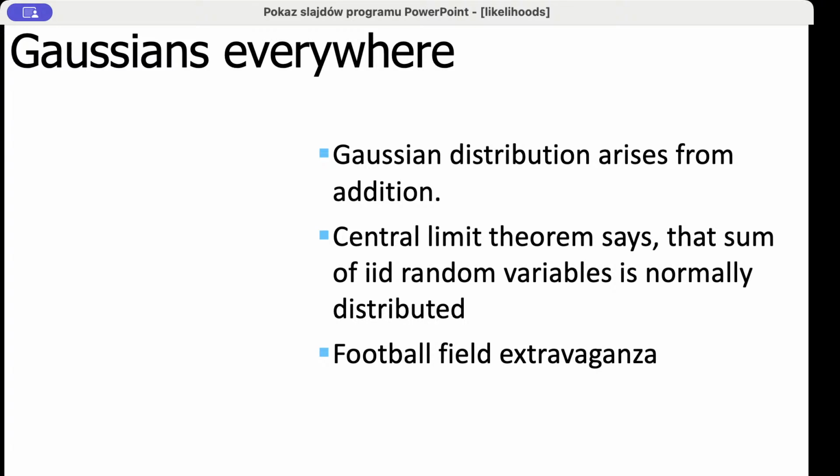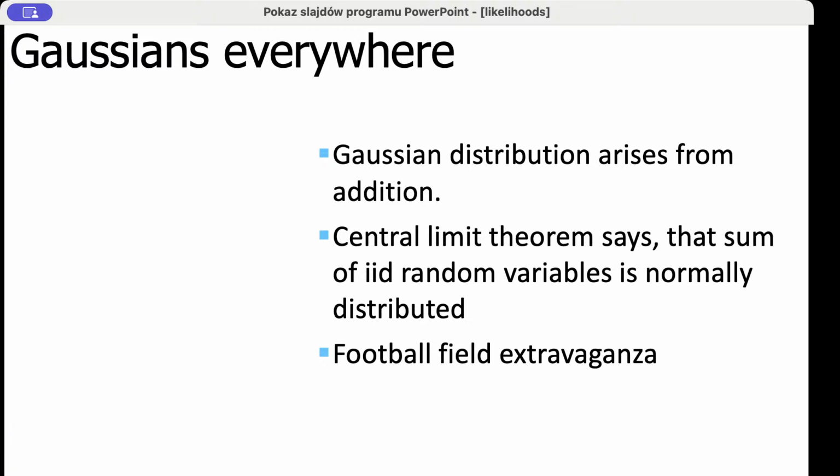This is important because people often think that the central limit theorem says that if we only have enough data, then it will be a normal distribution. But that is not necessarily true. We need that data to represent something that is an addition.